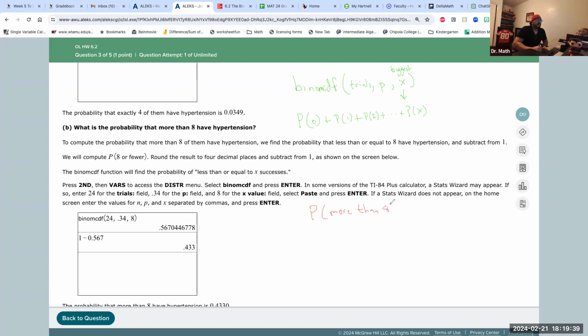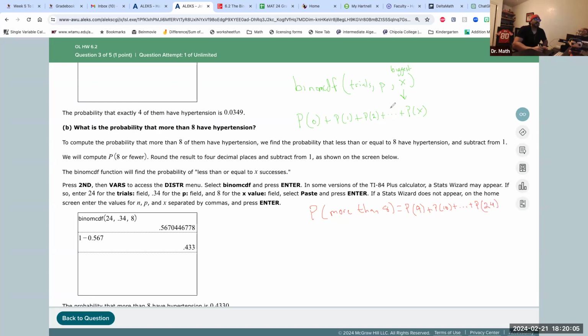So what numbers am I thinking of when I say more than 8? Well, that's a probability of 9, right? Since it says more than 8, I can't start at 8. I got to start at 9 because it's more than, plus the probability of 10. And I'll have to go all the way up, dot, dot, dot, to my last value, the number of trials, which is 24, right? So I'll have to do that.